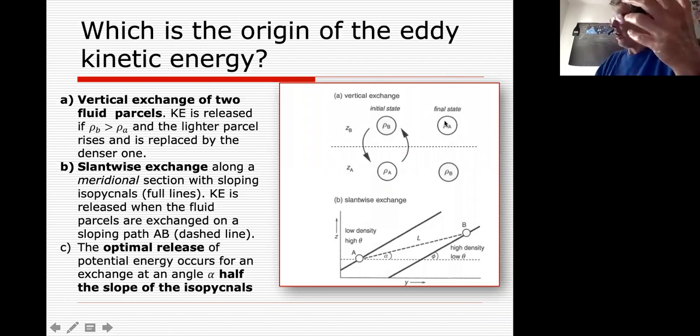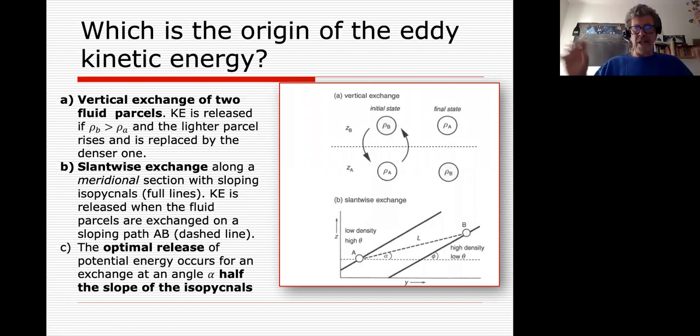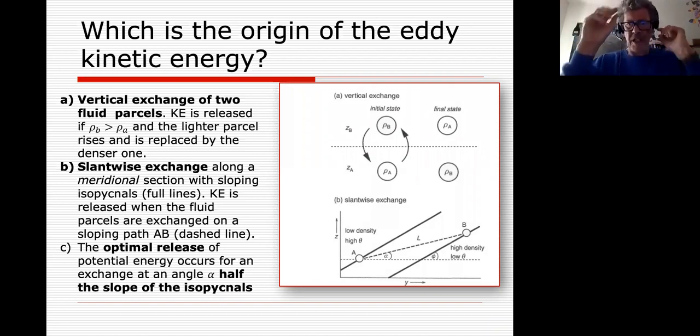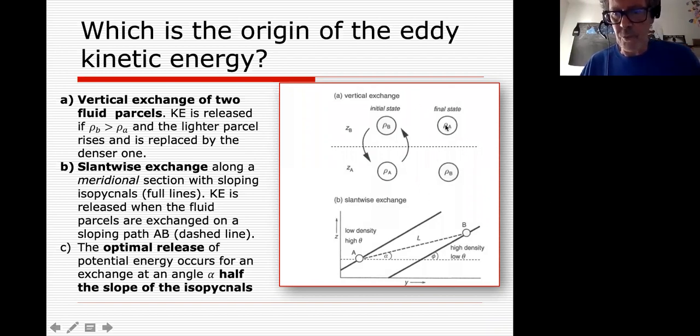You have denser water in the upper layer and lighter water in the lower layer. So whenever the displacing mechanism stops, there is some potential energy ready to be released. But in this case, when you have a vertical exchange, you have just a rapid movement that moves one parcel into the other's place.